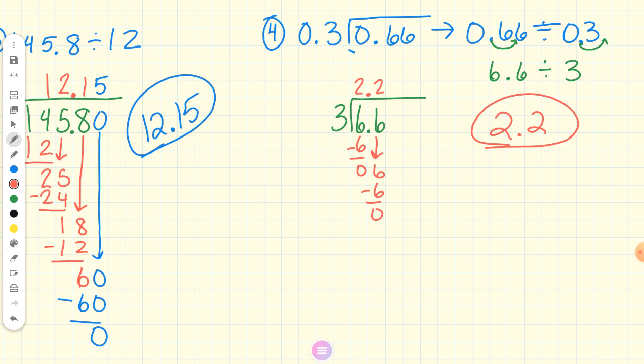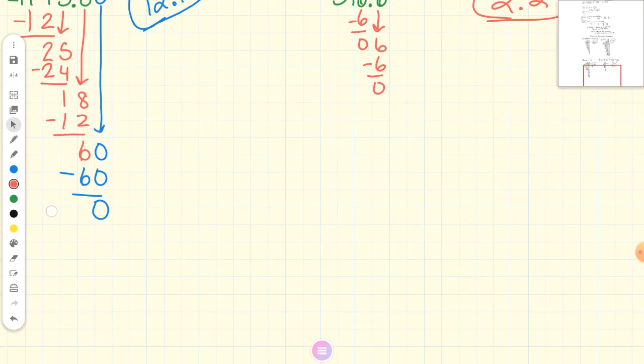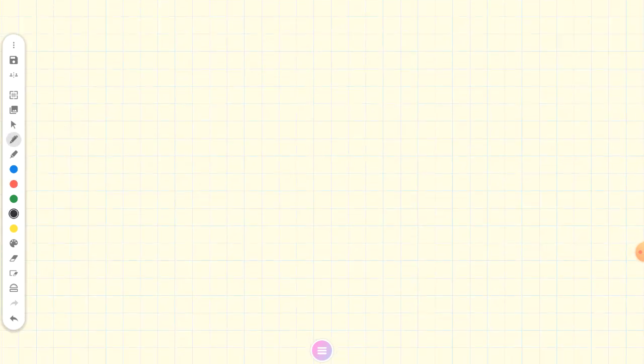One more example. I'm going to do a harder one. Let's do number 5. 0.07 divided by 1.4.